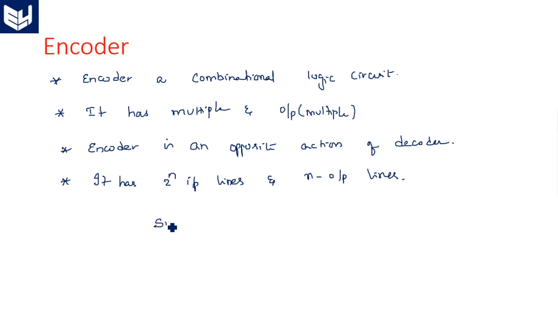That's why the size of this encoder is 2 power n by n. So this is the encoder introduction: 2 power n input lines and n output lines.